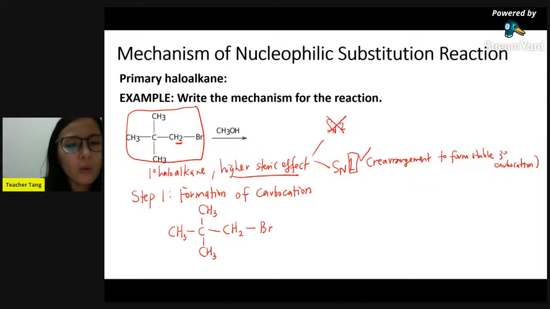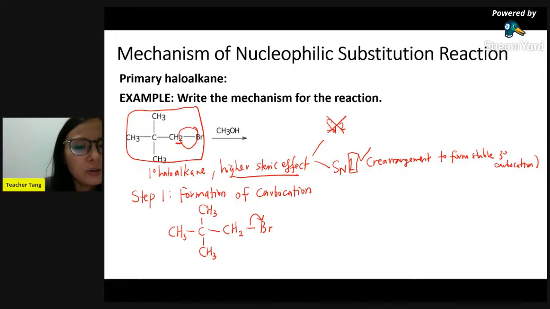Again, remember how to form the carbocation ion? It is through the carbon halogen bond. So this bond breaks, and both electrons go to bromine because it is more electronegative. But when this bond breaks, you get a primary carbocation ion that is not stable.